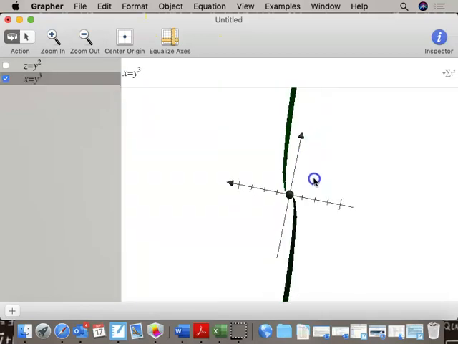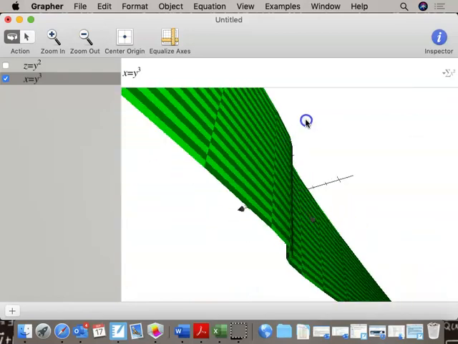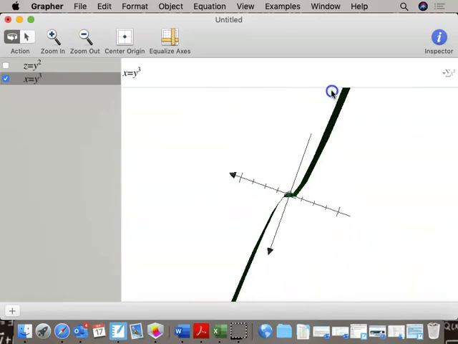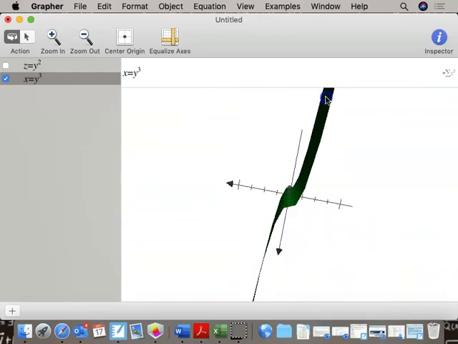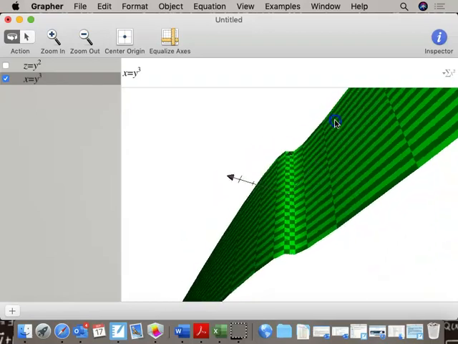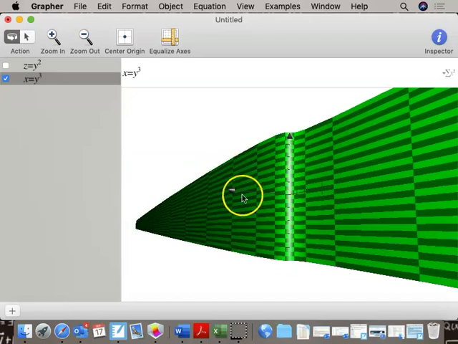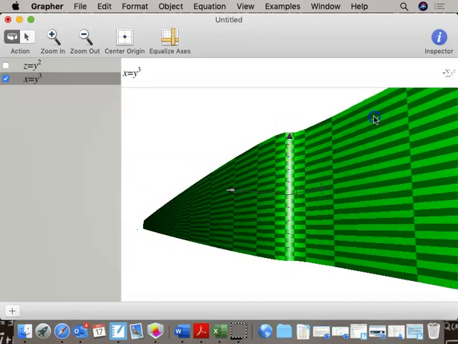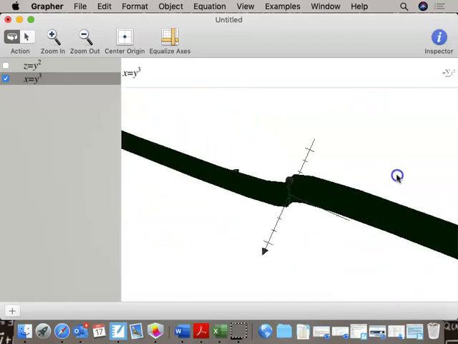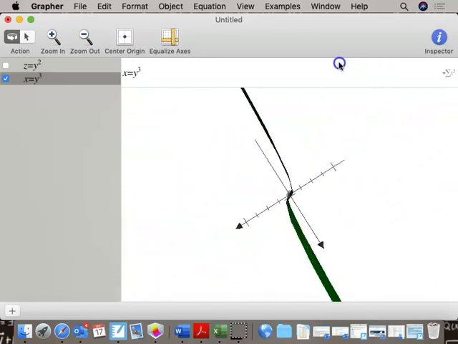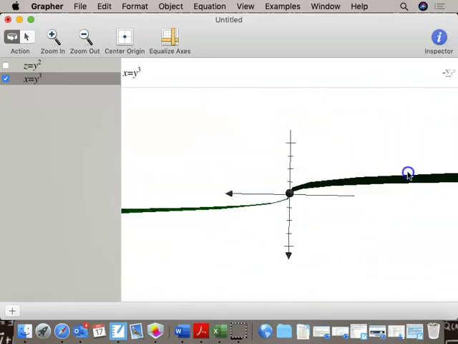In the XY plane, we've got y cubed, but then on the Z axis, you've got all these parallel lines that go along, and there's your cylinder. Kind of fun.